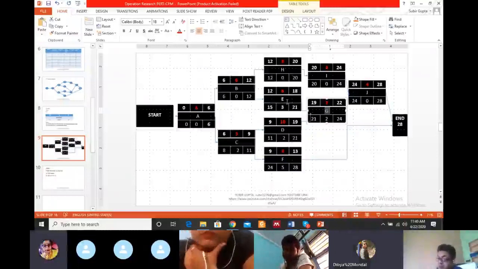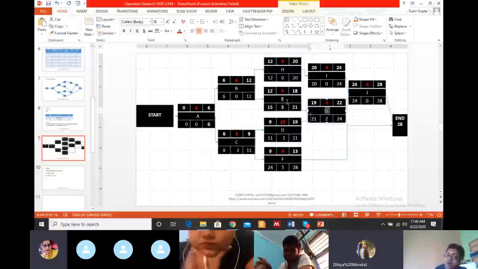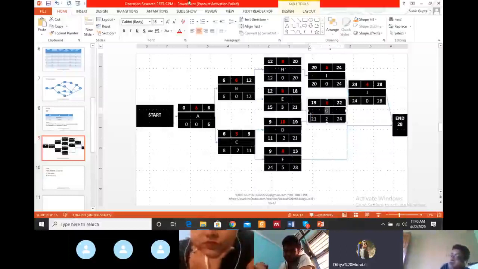In the forward path, if any activity can start after more than one activity is completed, then you have to consider the maximum value. So for G, the earliest start time is 19.